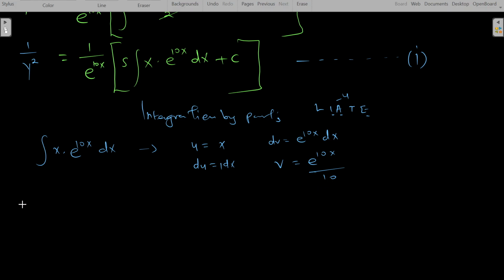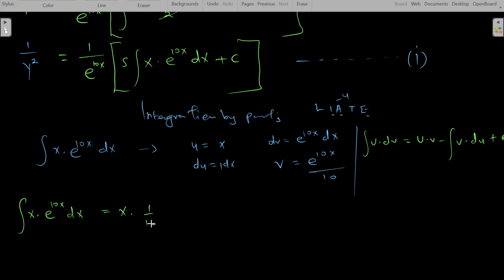Now let's write this. The integration by parts formula says that if you take the integral of u multiplied by dv, you expect your answer to be u multiplied by v minus the integral of v multiplied by du, plus a constant of integration c. So the integral of x multiplied by e raised to 10x dx should give me my u, which is x, multiplied by my v, which is 1/10 e raised to 10x.